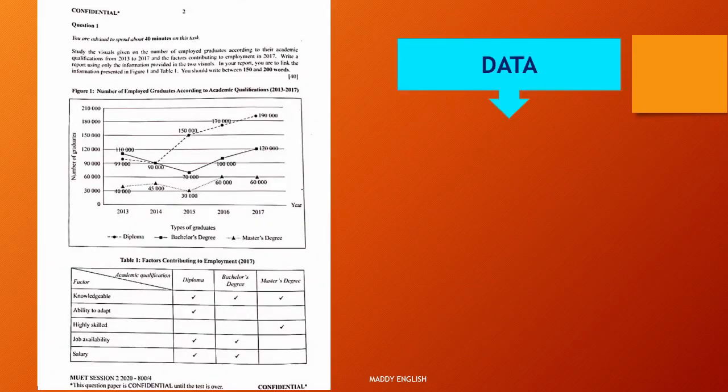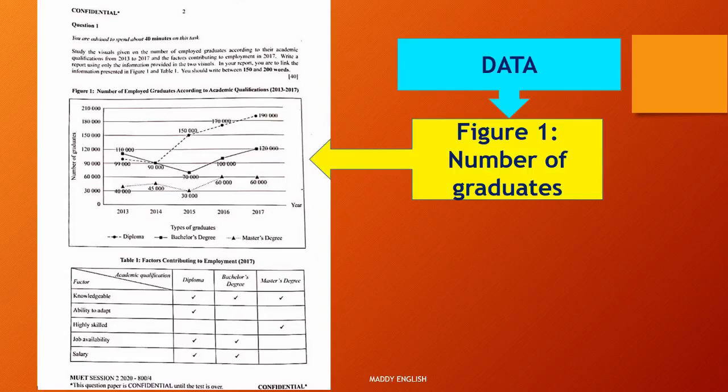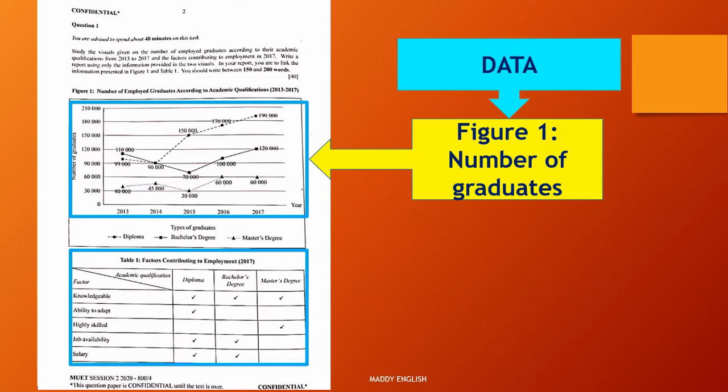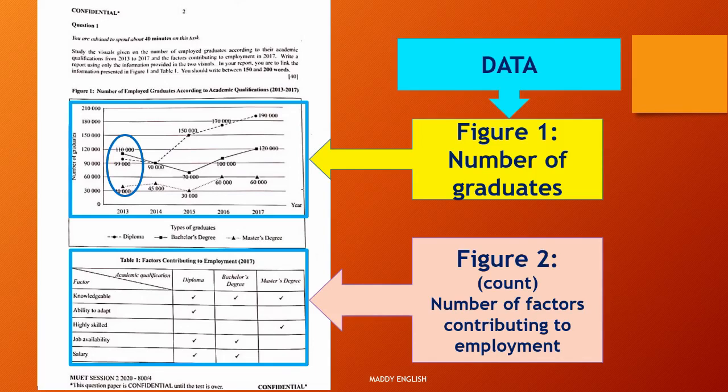Next, data. Identify the data in the question. For Figure 1, it is about the number of graduates, and the data was given to you accordingly. As for Table 1, the number of factors contributing to employment are the data. How do you identify it?